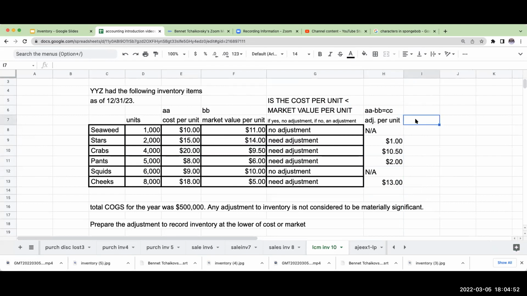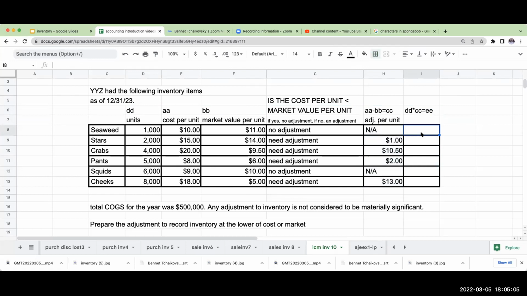Now, I need to figure out the dollar amount of the adjustment. I need to take the number of units and multiply it by the adjustment per unit. So this one is not applicable, and this one here is not applicable because these are already being shown at the lower of cost or market. For stars, I'm going to take 2,000 times 1.